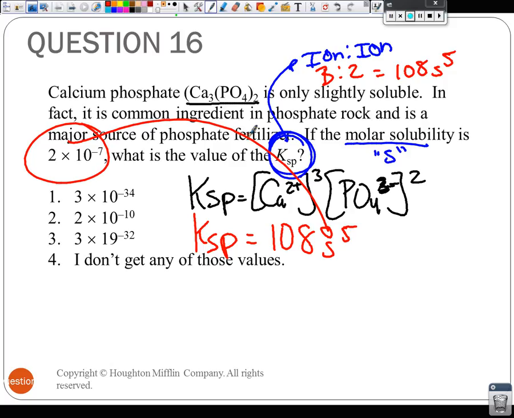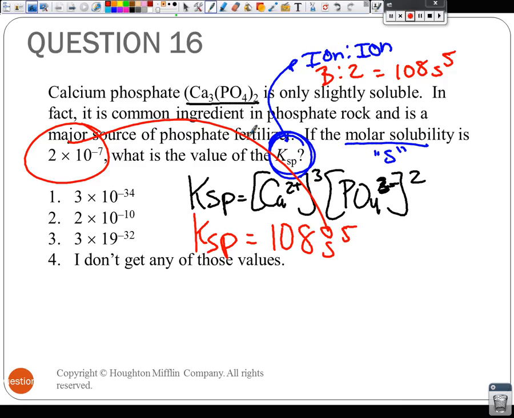Whoa, that doesn't make any sense, does it? Wow, that is a bad typo. It should be 10. So it is the third one, right?